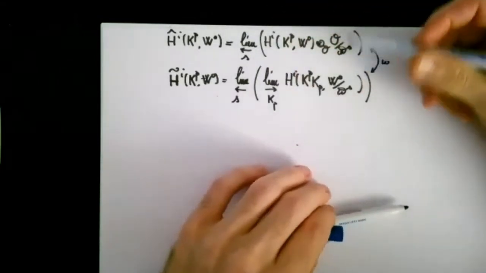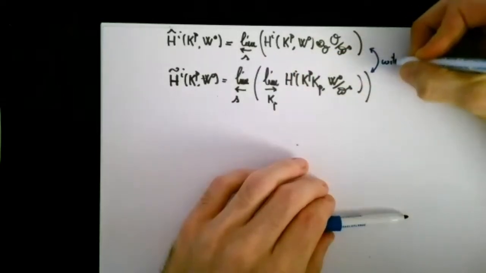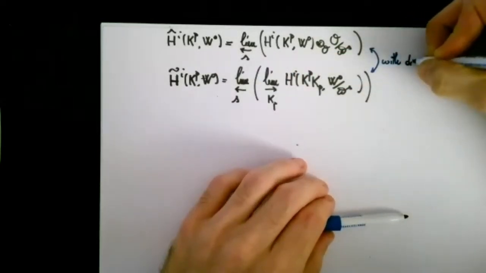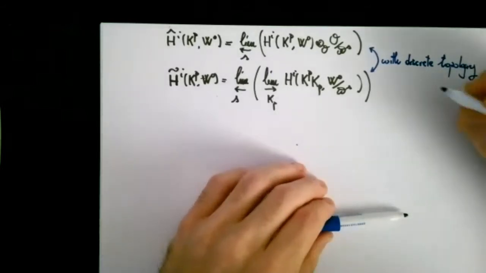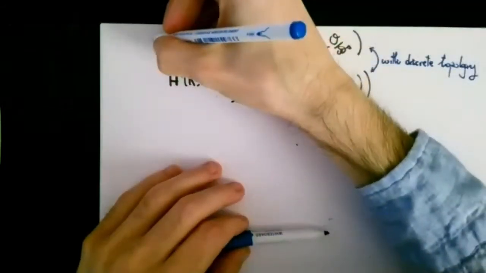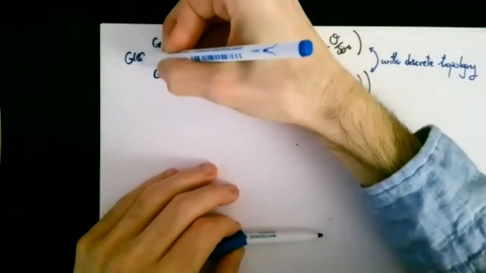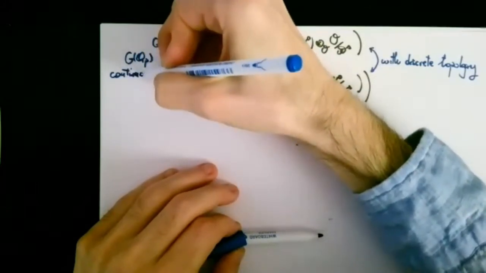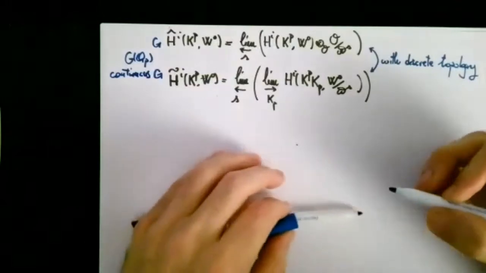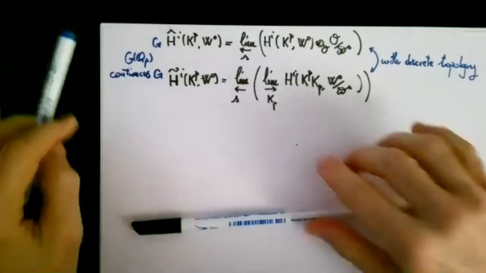So at the end of the day, we get a continuous action of GQP. The question is now, what is the relation between these two objects?